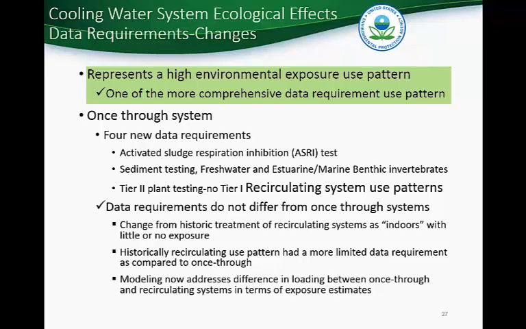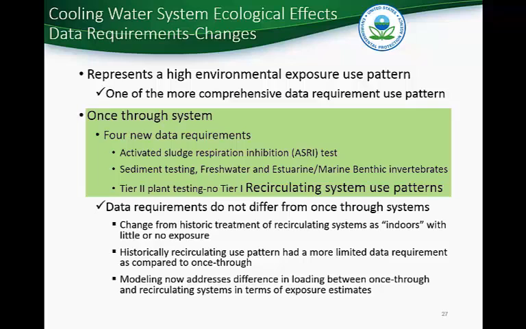If you think about why this is the case, it's because cooling water use represents a use pattern with the potential for both continuous loading of an active ingredient and or its transformation or degradation products to the aquatic environment as compared to some other use patterns. And then it also has the potential for a wide variety of aquatic habitats and aquatic and terrestrial organisms to be exposed.